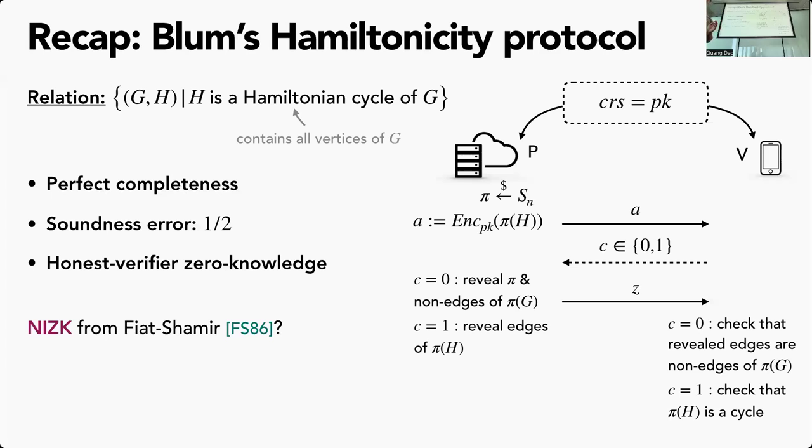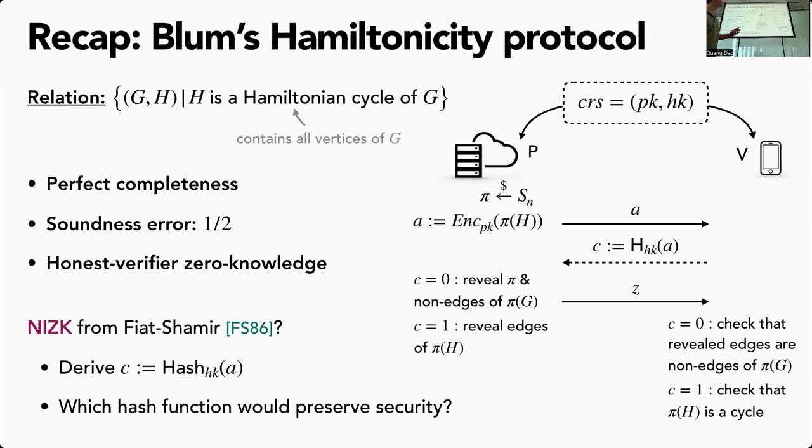Okay, so now the next step is that we want to make this into a non-interactive proof system, and we do so by eliminating this interaction. This interaction is basically the verifier sending the single challenge C, and we want to remove this by just letting the prover derive C by itself. It does so by hashing the first message.